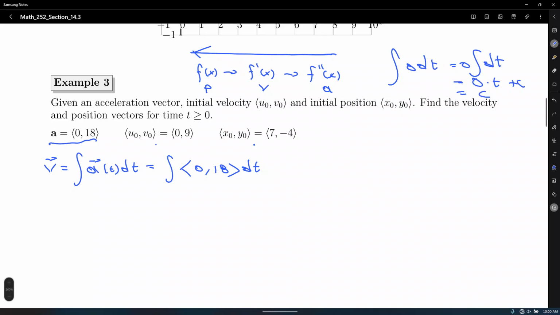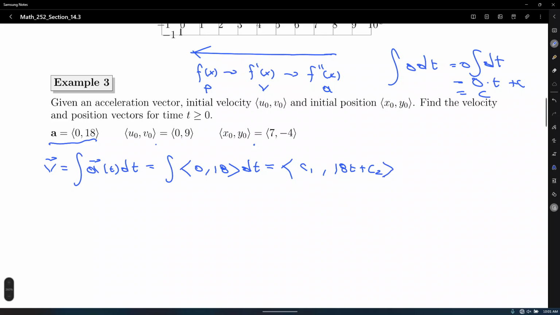But in this case, because we have two components of a vector, we're going to get c1 and c2 respectively, one for each. So that is c1, comma, the integral of 18, that is 18t plus c2. Okay? All right, so what are we going to do here?